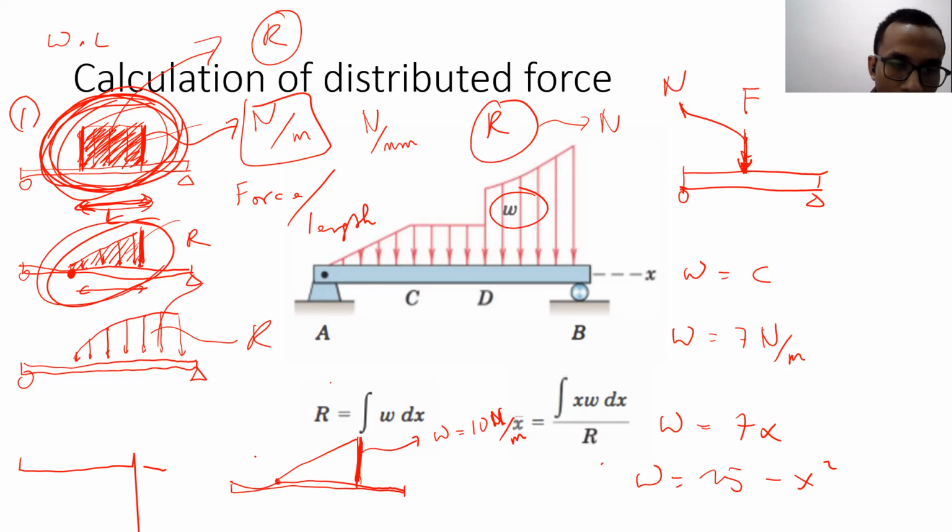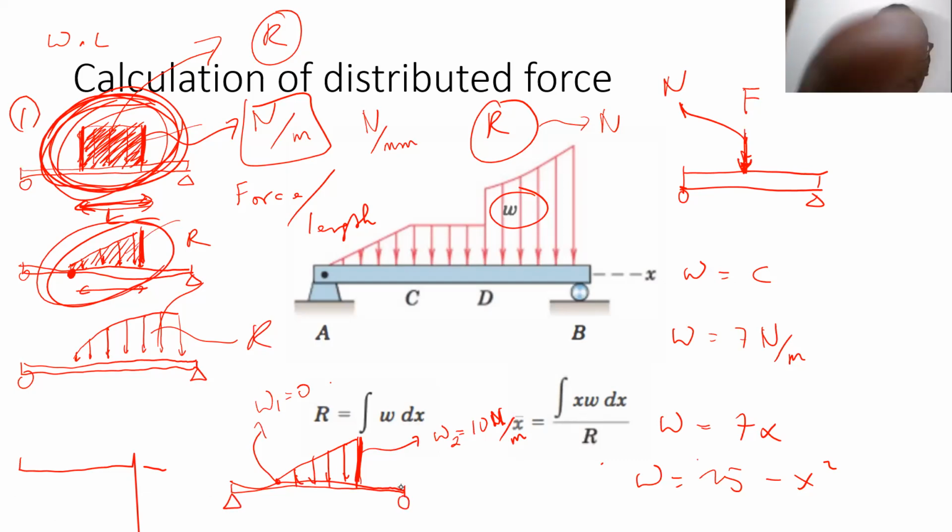Here, this one is W2, W1 is equal to 0. Sometimes the equation is given, but sometimes not as well. It can be anything.